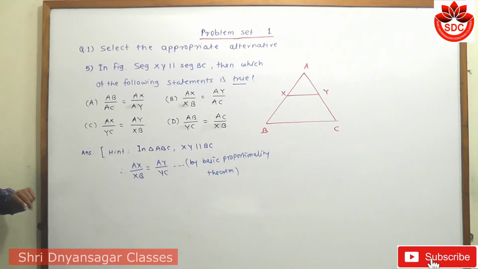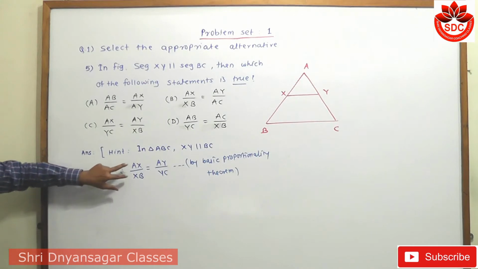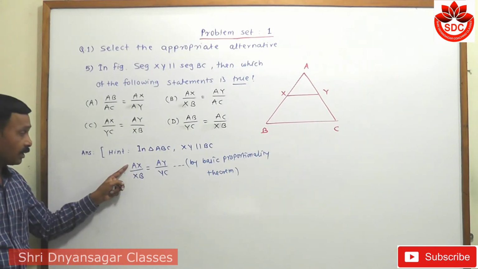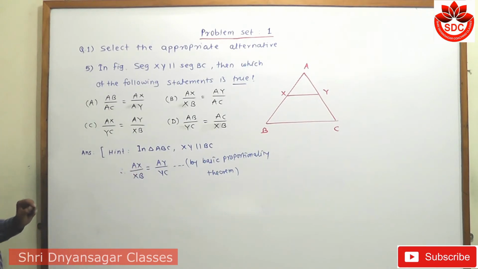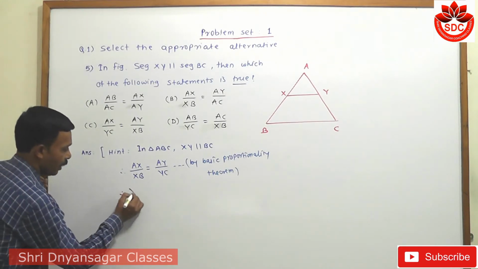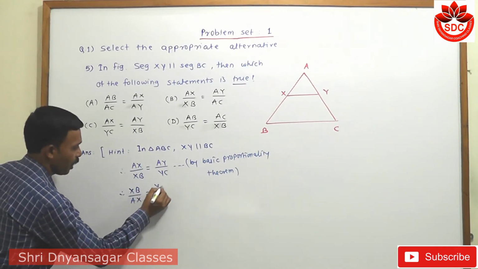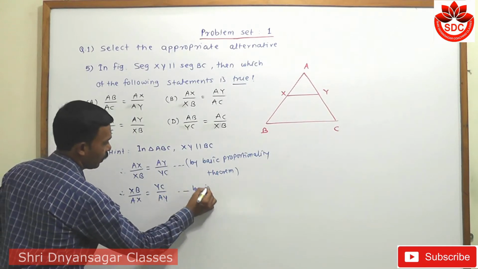Students, when we observe here, if we take this ratio, look at its numerator and denominator. First we take its inverse, then we get XB upon AX is equal to YC upon AY, by invertendo.